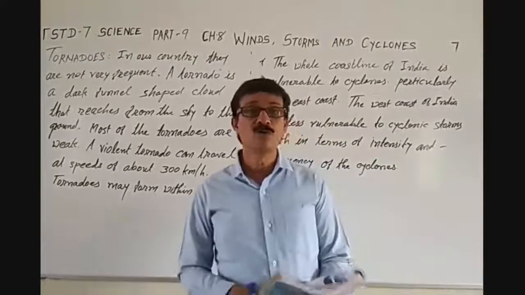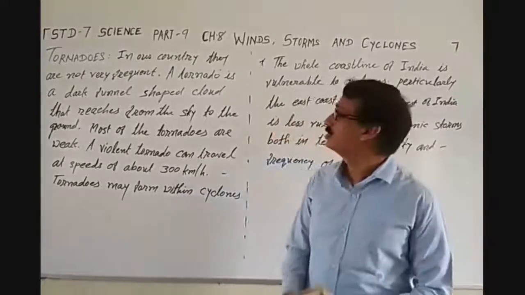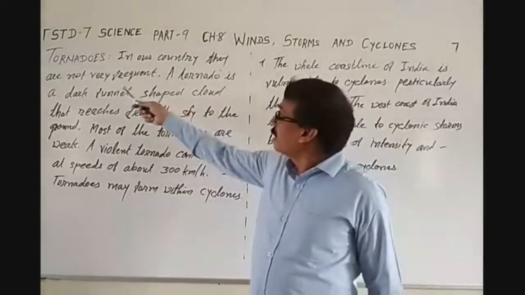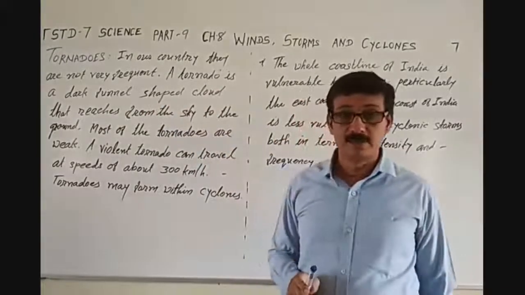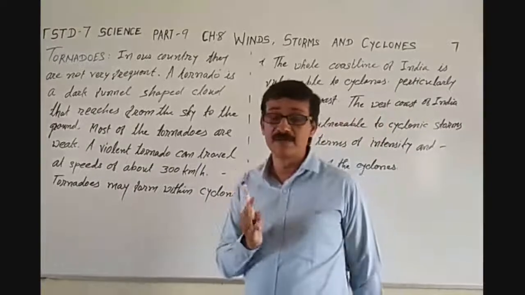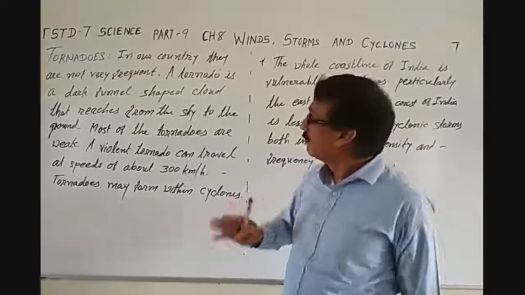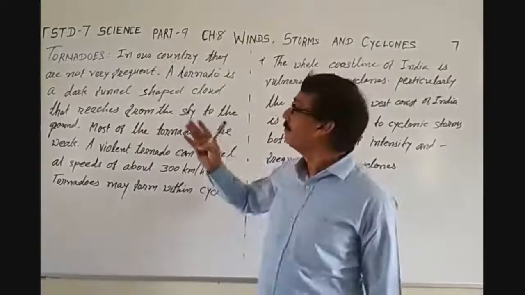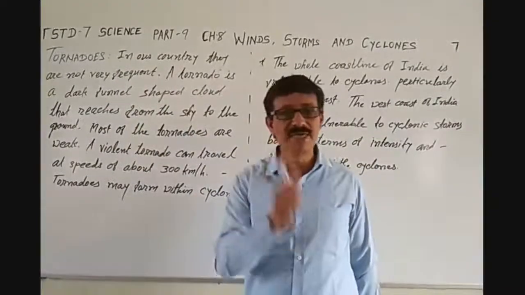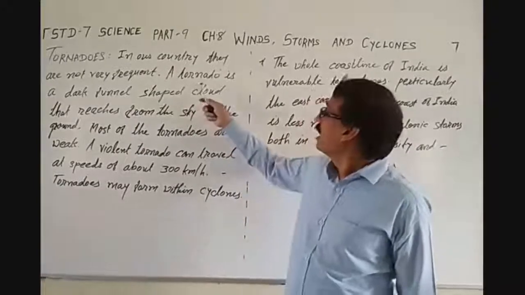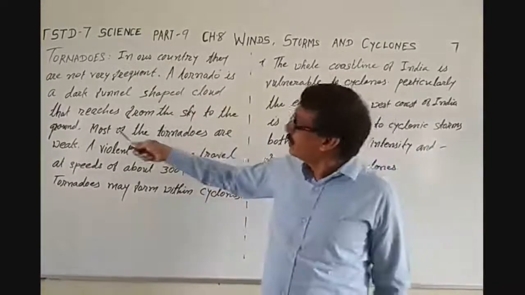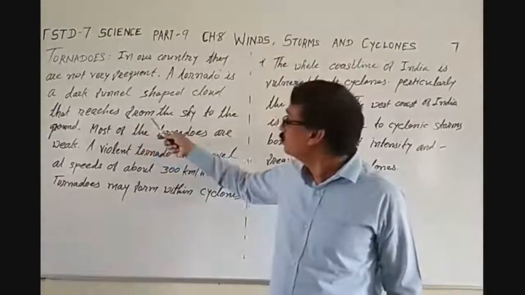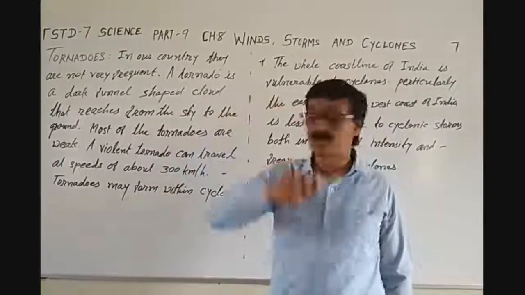Now let's talk about these tornadoes. In our country they are not very frequent. It is very rare when a tornado happens. Thunderstorms and cyclones are there, but tornadoes are very rare in our country. A tornado is a dark funnel-shaped cloud that reaches from the sky to the ground.